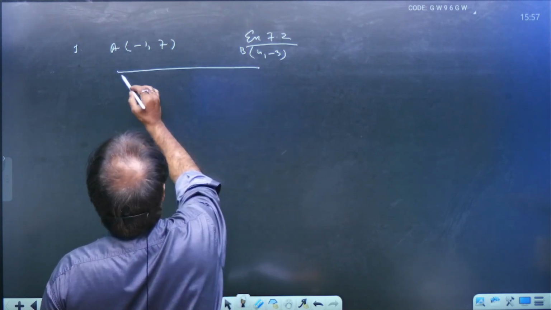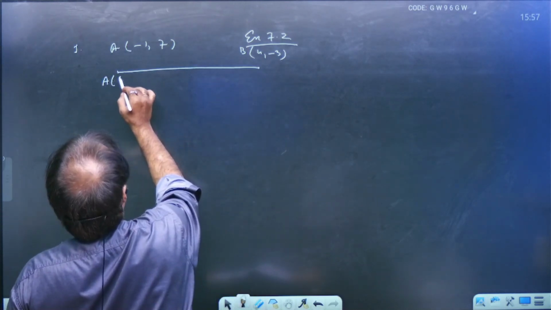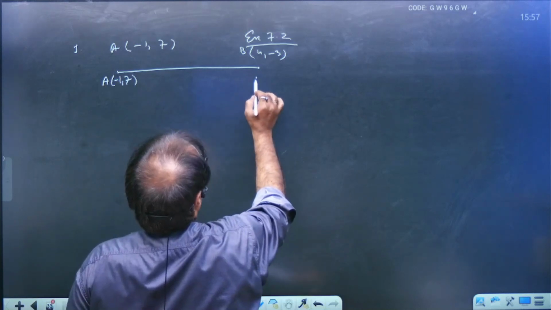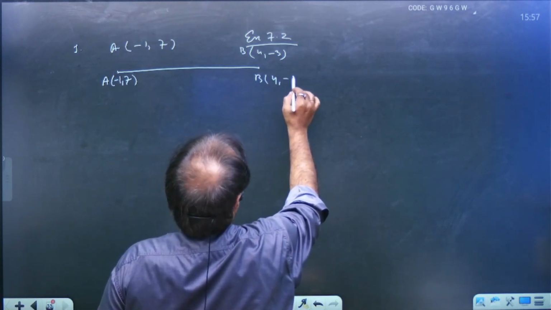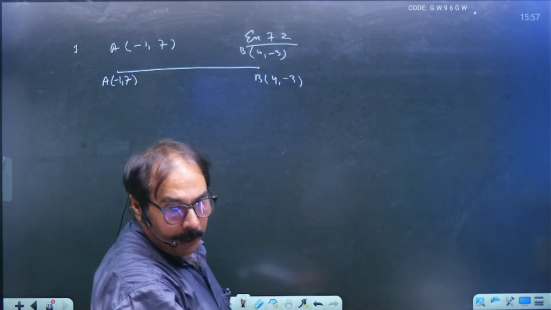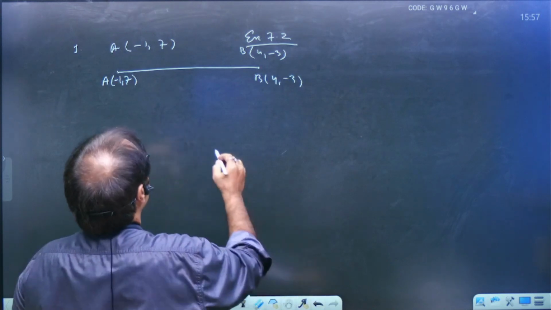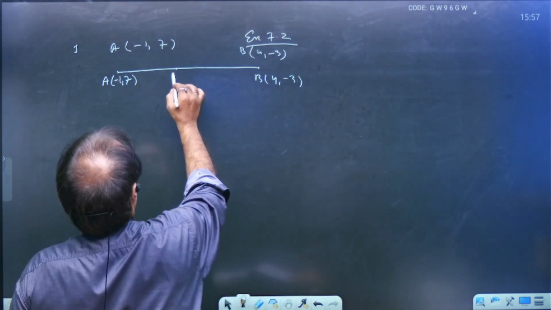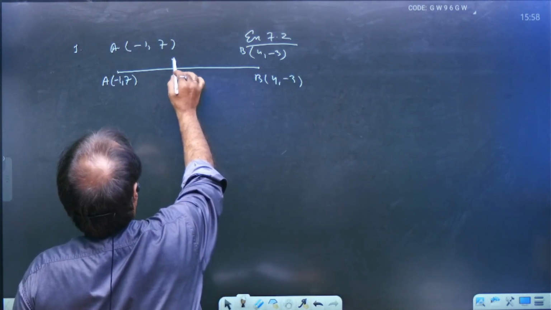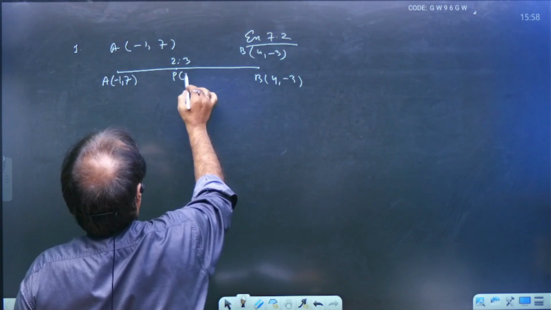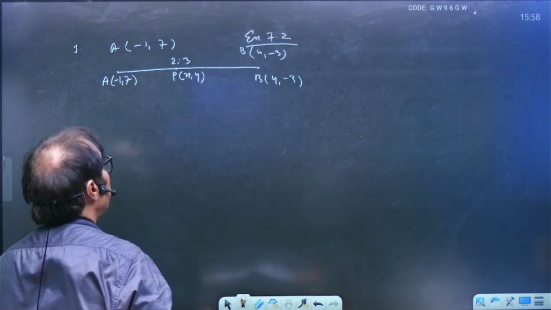Suppose this is a line segment joining. Vertex A is (-1, 7) and vertex B is (4, -3). The ratio is given as 2:3. Suppose this point is P, with coordinates (x, y).